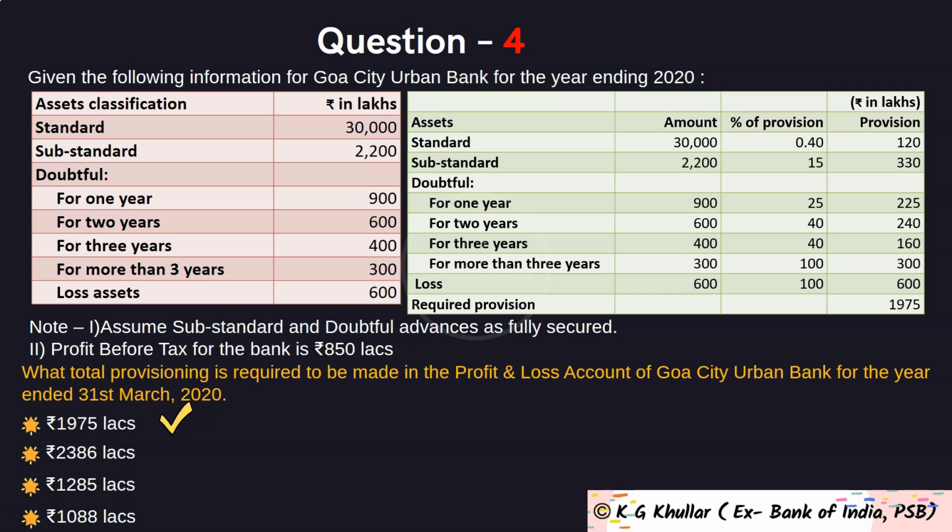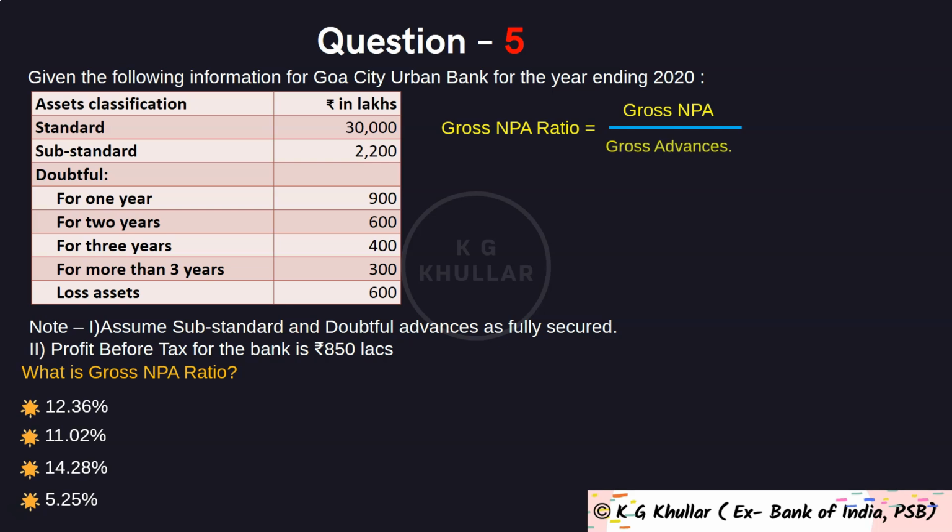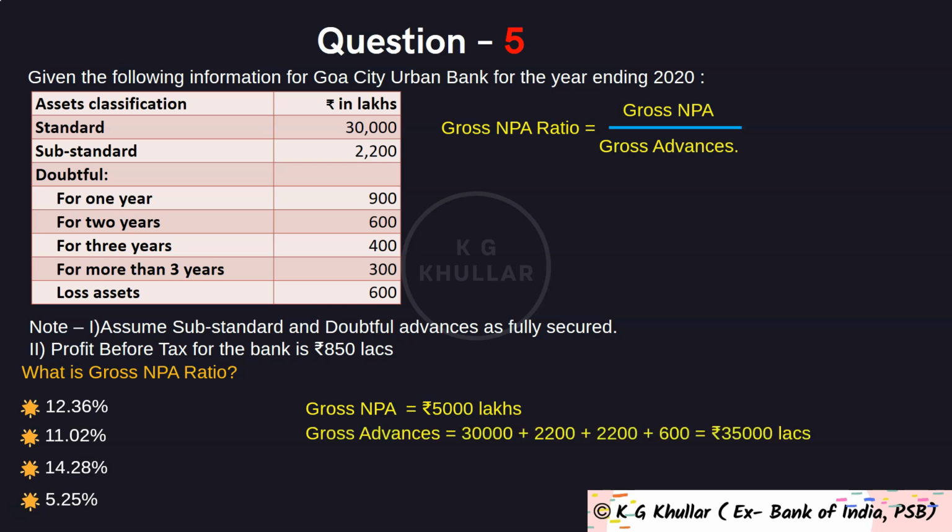The next question is, what is gross NPA ratio? And these options are given to you. Friends, gross NPA ratio is simply gross NPA divided by gross advances. Now gross NPAs we have found in one of the previous questions as rupees 5,000 lakhs. And gross advances is basically the sum of all these advances, that is standard, substandard, doubtful and loss assets.